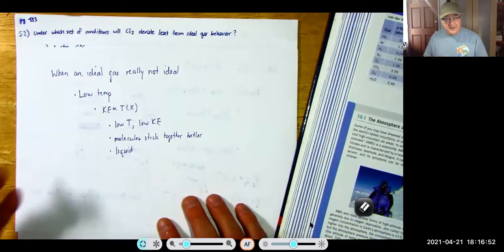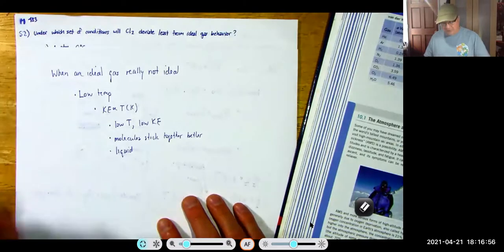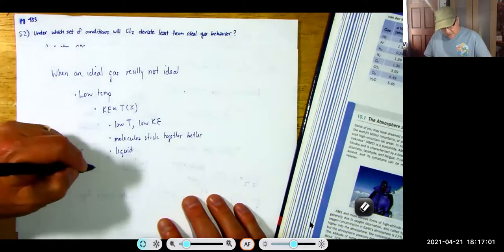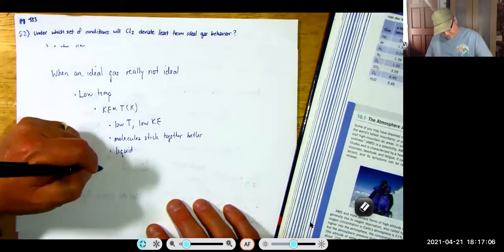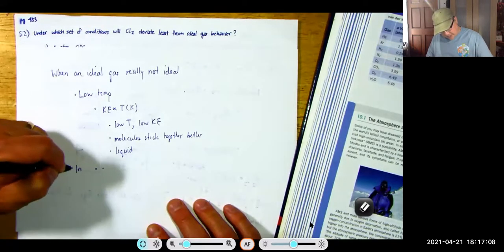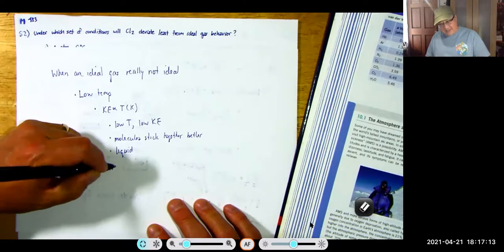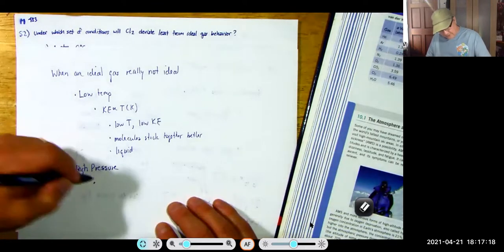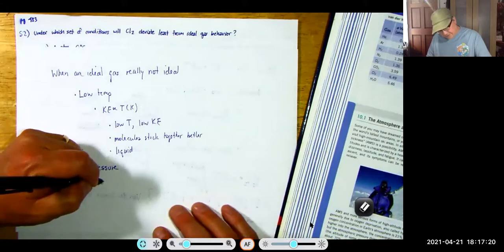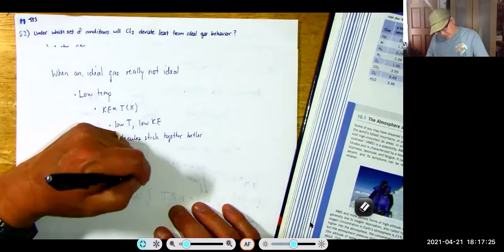And we know that, right? Because if you raise the temperature of a liquid, you turn it into a gas because you're adding energy. Well, if you lower the temperature, you're taking away energy. How else can we get those molecules to stick together? Well, you increase the pressure. So high pressure is another way to make an ideal gas not really ideal. When you increase the pressure, you're essentially removing space between the gas particles.